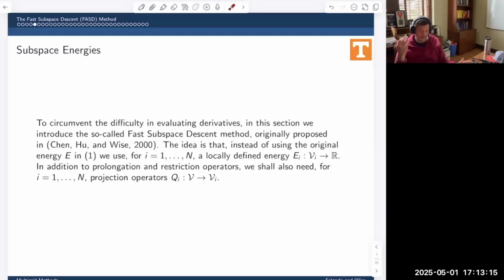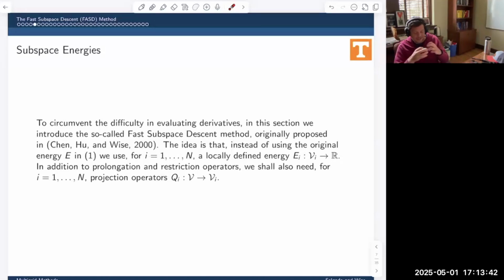And that's going to make things a lot less expensive. Now, we need a way of moving objects from the parent space or the ambient space to the subspaces. And we need an operation that does this, which is not necessarily the same as the restriction operation.